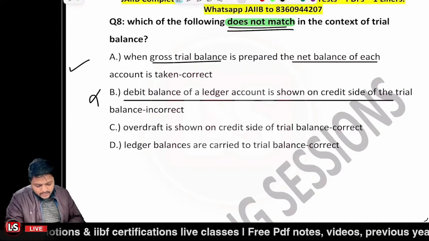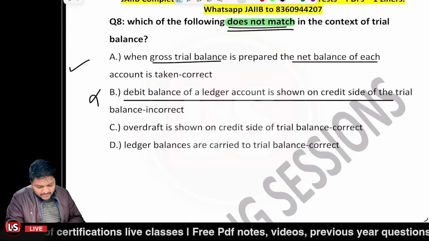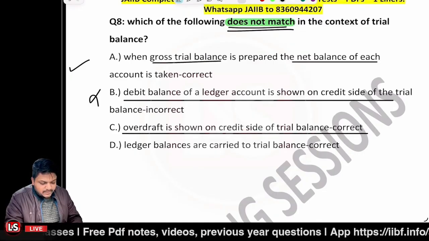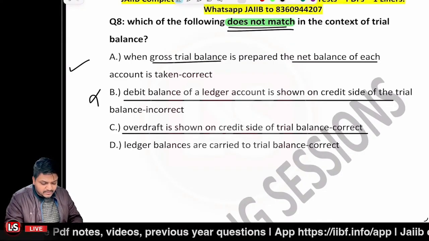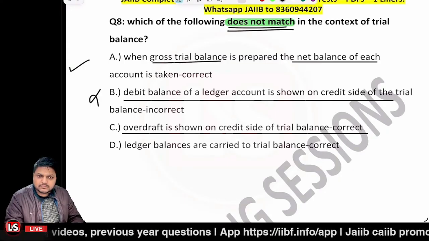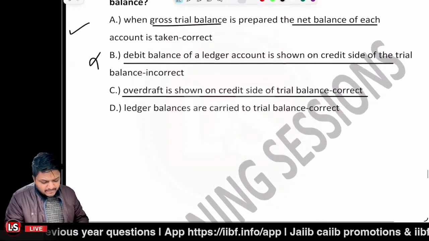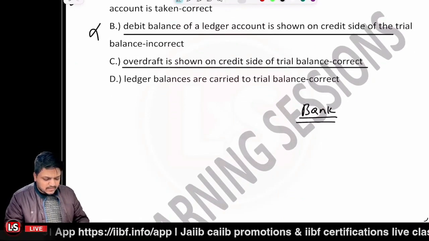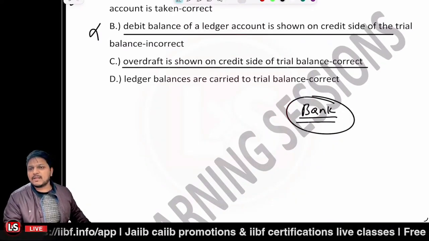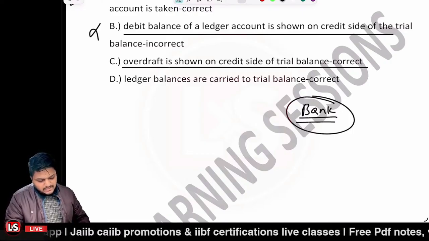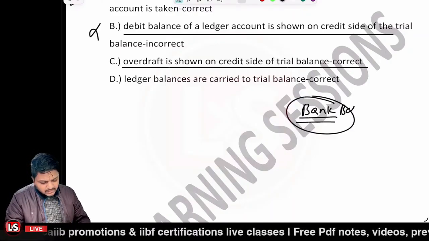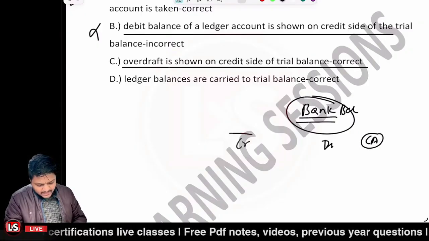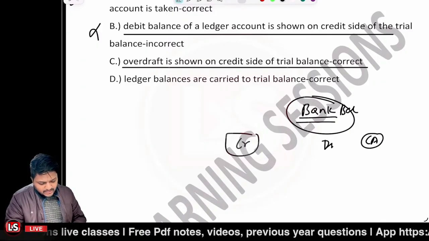Third one. Overdraft is shown on credit side of the trial balance. If you're having the bank balance, what will be the account balance? It will be in debit. If the bank balance is in debit, it means you are having the current account. And if it is having the credit balance, it will be showcasing that you are having overdraft.